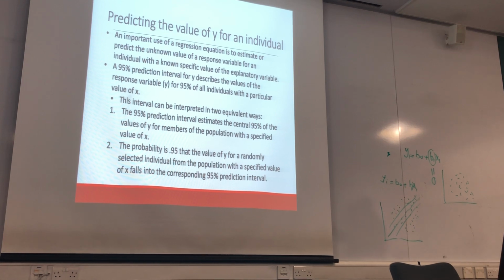Okay, so these are two interpretations. When I ask you, what does this prediction interval tell you? What does it mean? First, let's translate it a bit. The 95% prediction interval of the regression estimates the central 95% of the value of y for members of the population with a specific value of x.